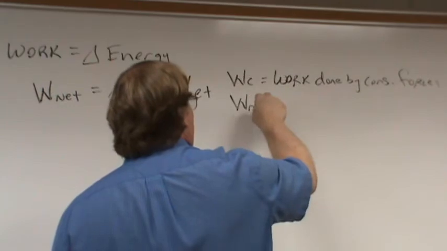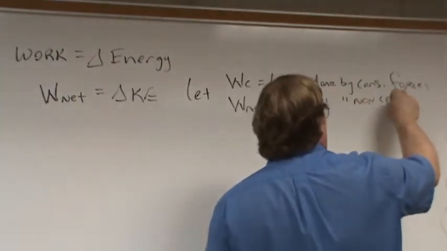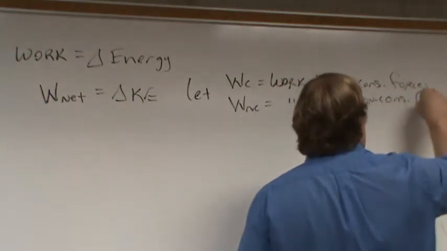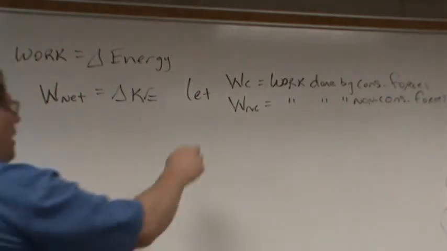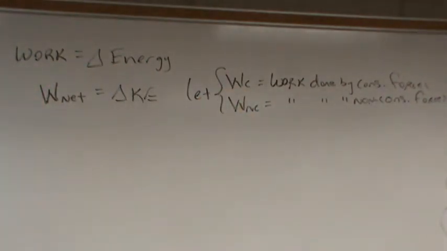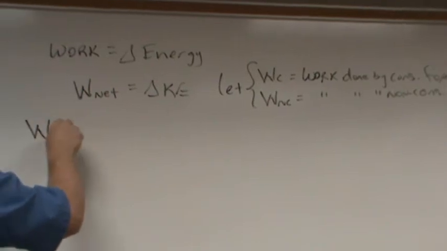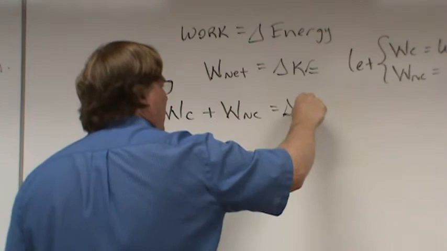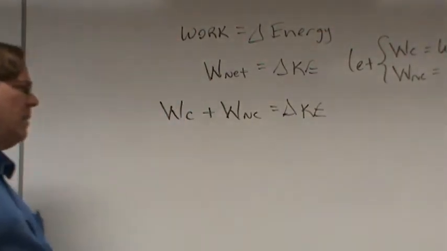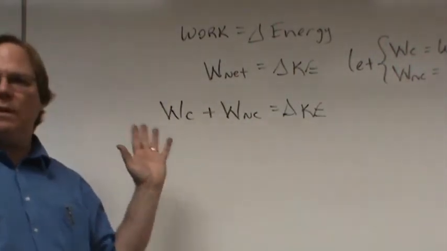And I'm going to let W sub NC be the work done by non-conservative forces. And that's all I've got. There's no third option besides conservative forces and non-conservative forces. So this ends up being the work done by the conservative forces plus the work done by the non-conservative forces equals the change in kinetic energy. You guys okay with that? The net work has to be the sum of these two works, and that's all there is.